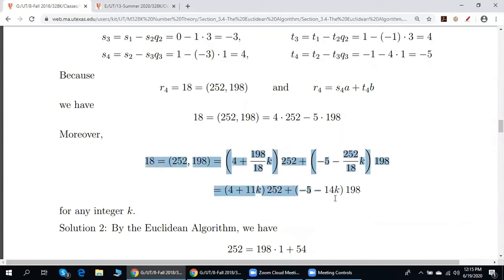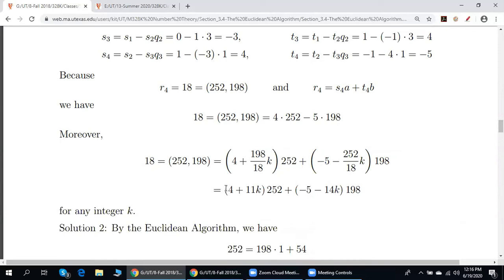Please take a look at this. One can show that 18 can be written as a linear combination of these two numbers in infinitely many ways.